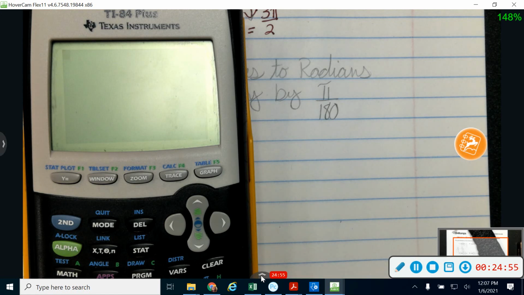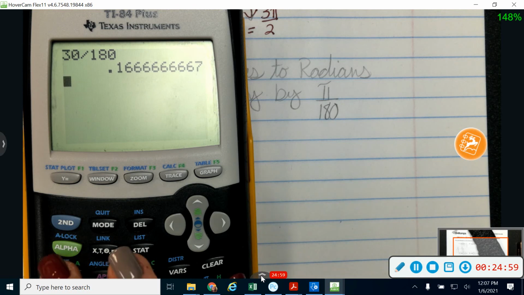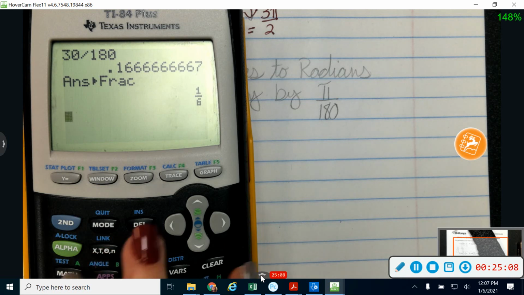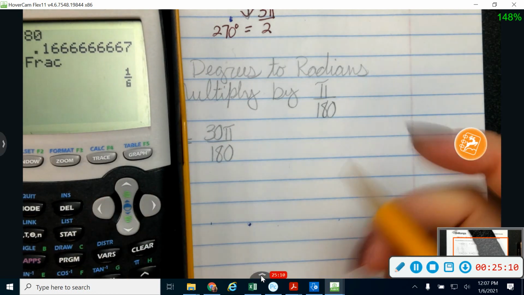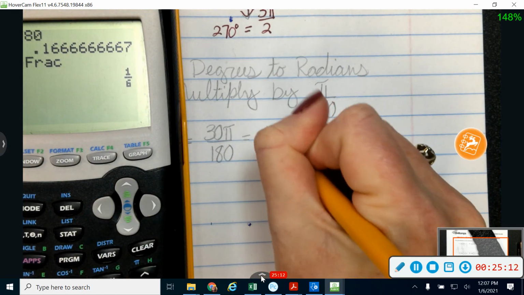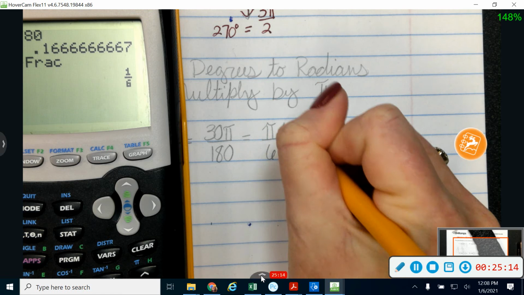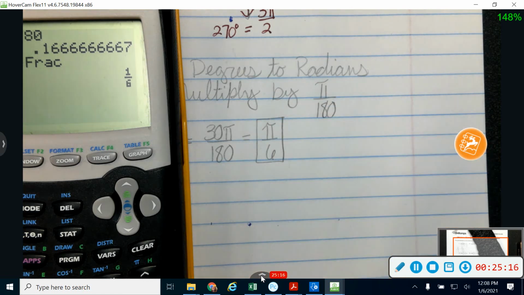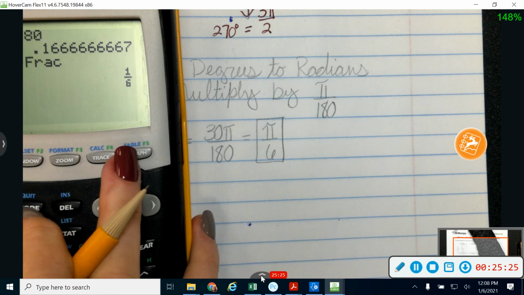I'm going to do 30 divided by 180, and then use math, frac, math and number 1. That's going to reduce my fraction of 30 over 180 to 1/6, and so my answer is going to be 1 pi over 6. So don't put the pi in your calculator if you're using it to help you reduce. Just put it back in your answer at the end.